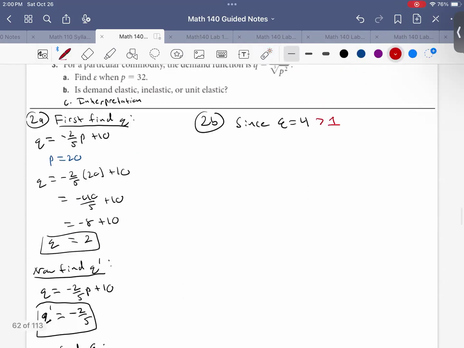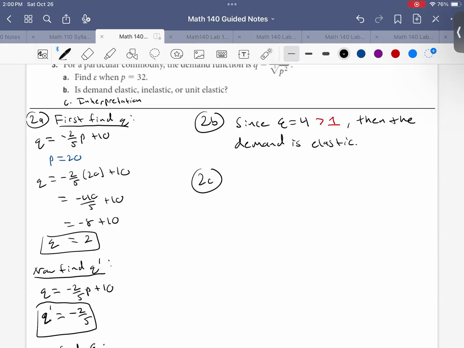So since epsilon equals 4 is greater than 1, then the demand is elastic. Okay, so we have an elastic demand. So what does that mean in terms of an interpretation, right? We want to interpret what this means.